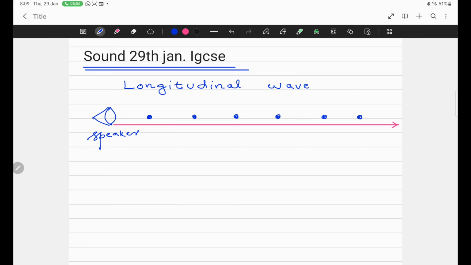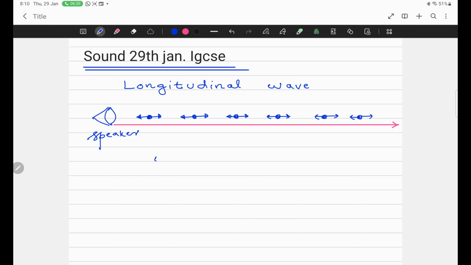When sound passes through air, these air particles vibrate parallel to the sound wave. The sound wave is traveling horizontally, but you can see the particles are vibrating left right.